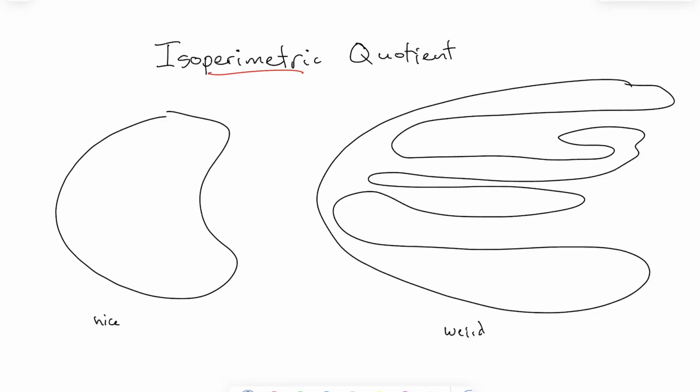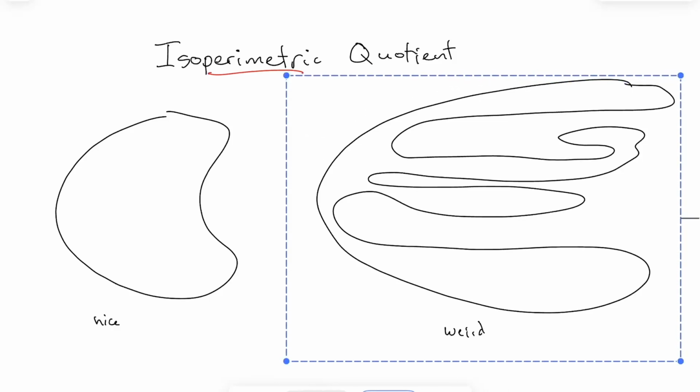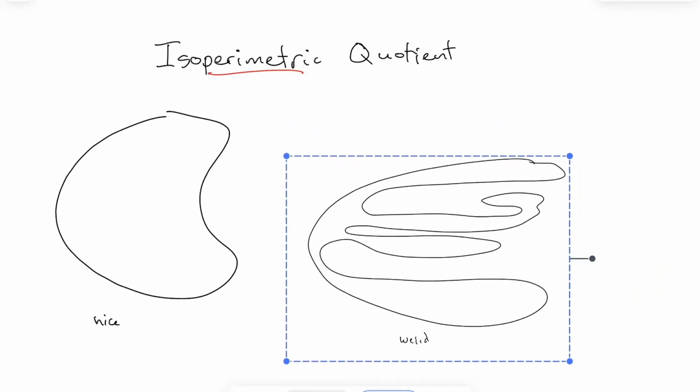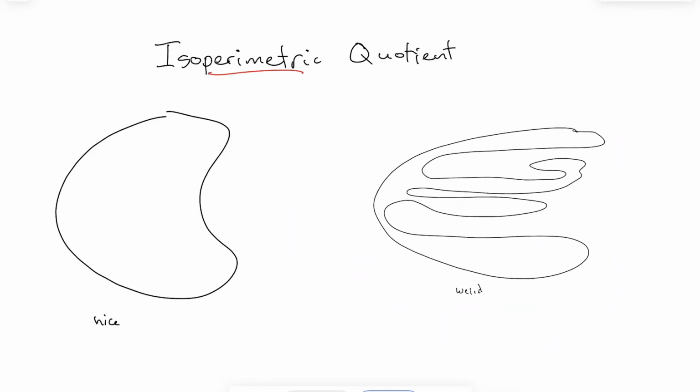I'm not sure that's really true. The one on the right looks a little bit bigger to me in terms of the area, but maybe I'll adjust it. I know you can't do this on your paper. How about that? Now, do they have about the same area? I don't really know, but let's take my word for it. I'm trying to draw them so that these two shapes have approximately the same area.